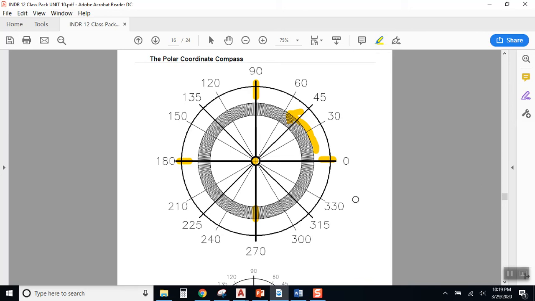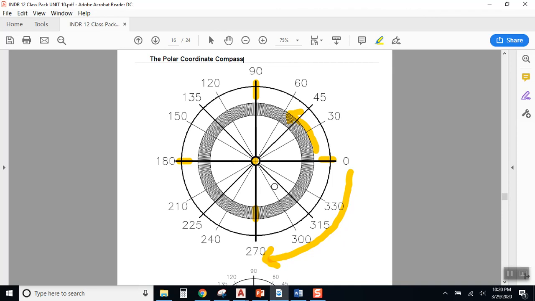Well, you can go the opposite way, you can go clockwise, but the angles will be negative angles. So what does that mean? It means if you want to go straight up, you could say 90. If you want to go straight down, you'd say 270.